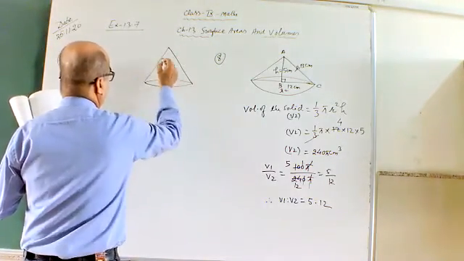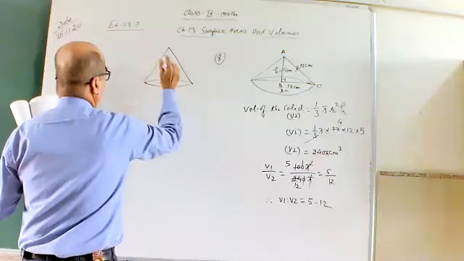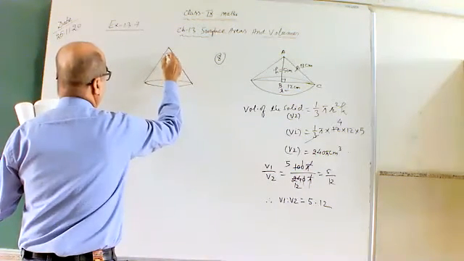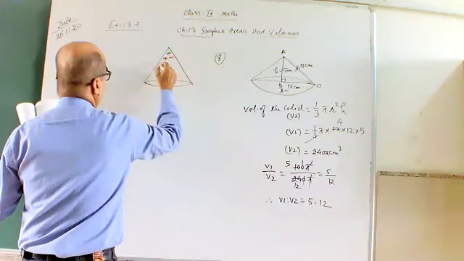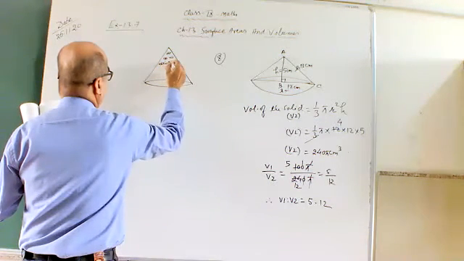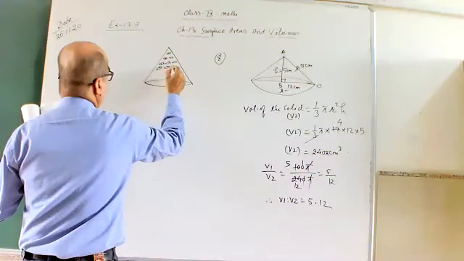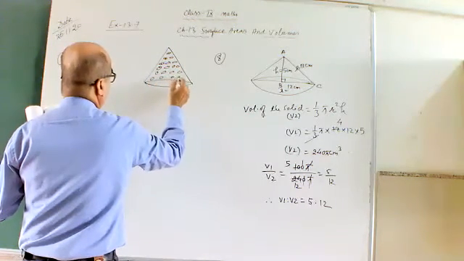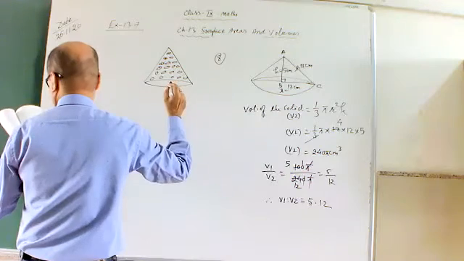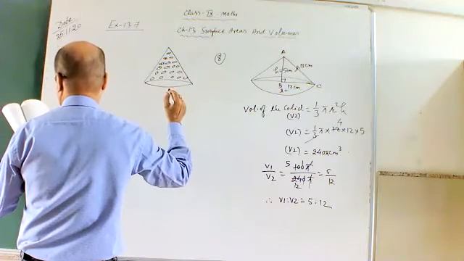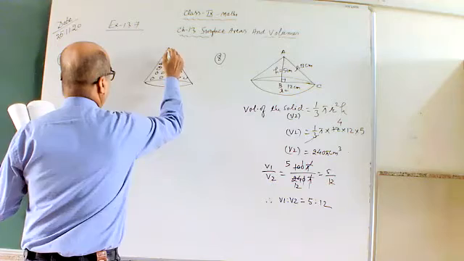This is your heap of wheat. It is in the form of a cone and has the diameter 10.5 centimeter.